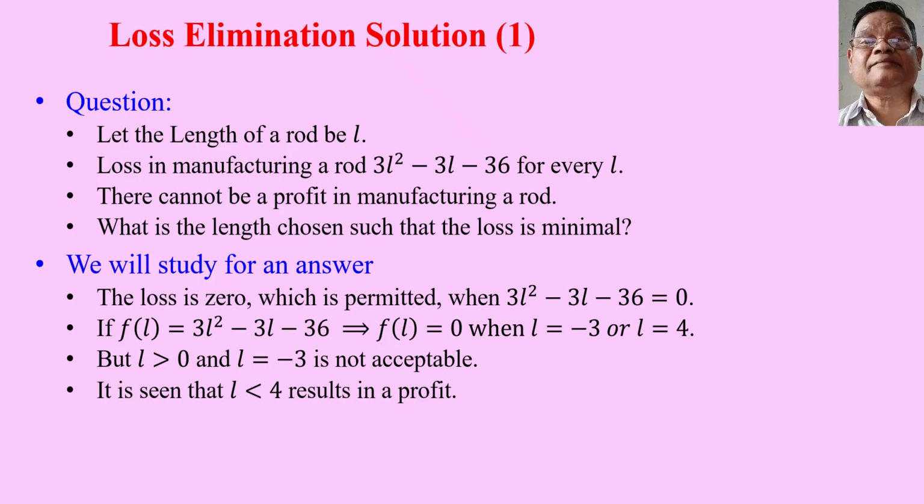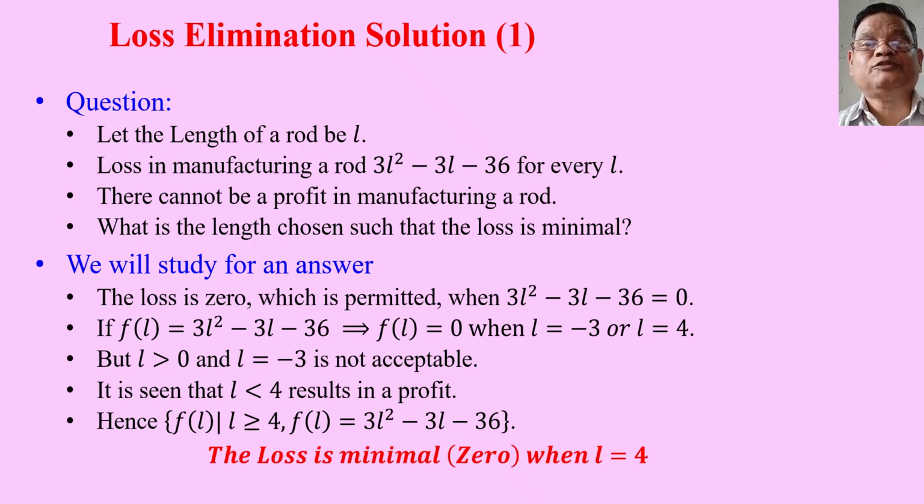It is seen that L less than 4 results in a profit for positive values of L. Hence, f(L) is such that L is greater than 4 and f(L) is equal to 3L squared minus 3L minus 36. Therefore, the loss is minimal or 0 when L is equal to 4.